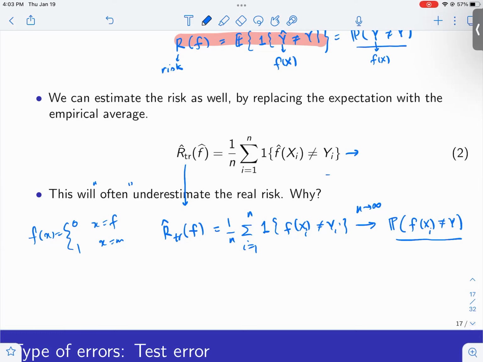Here you can put i or not, it doesn't matter, because I'm assuming these are IID from the same distribution P, and this is generic, could be unseen data. So is it going to converge to that?